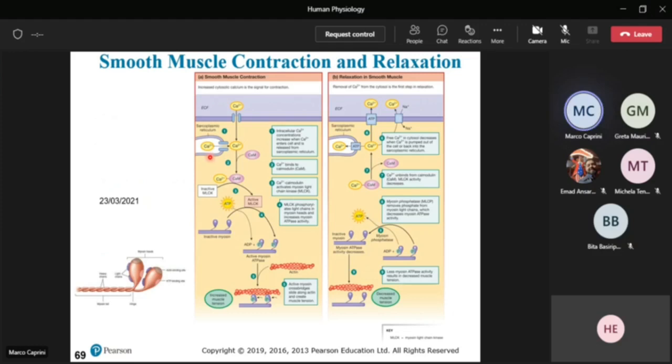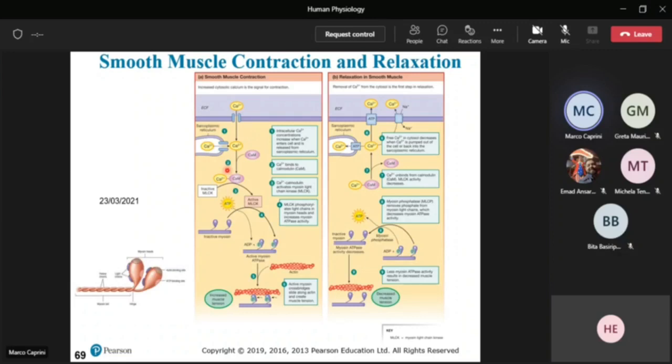The complete process of contraction and relaxation, from a structural point of view, the myosin and the actin just slide one on top of the other, like in the skeletal muscle. But the players here are a little bit different.